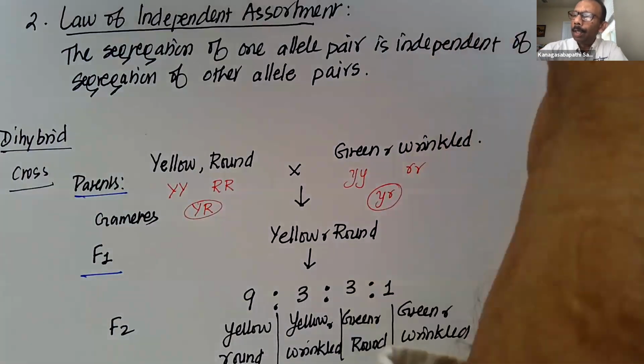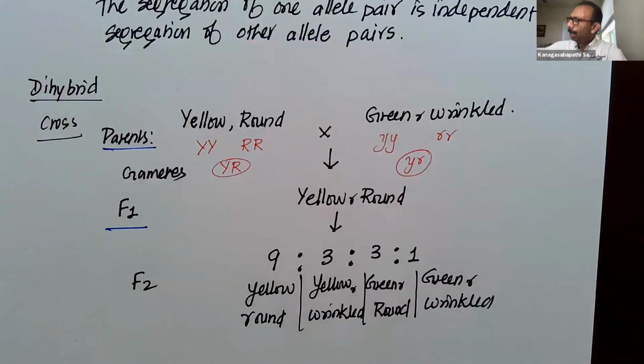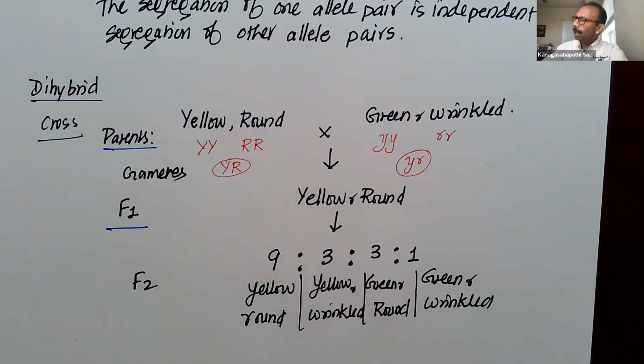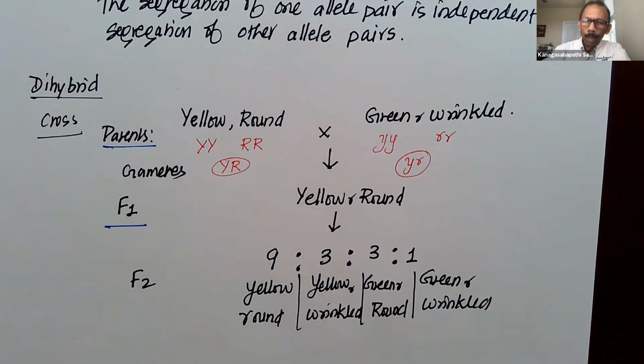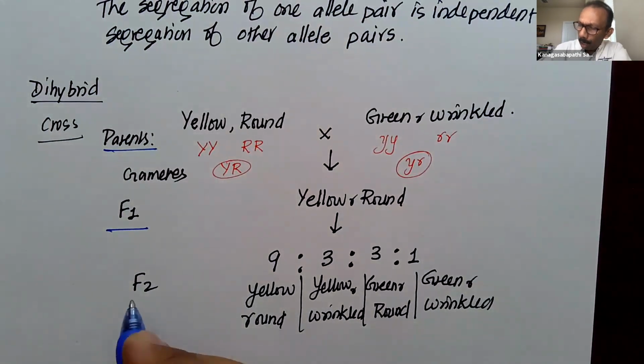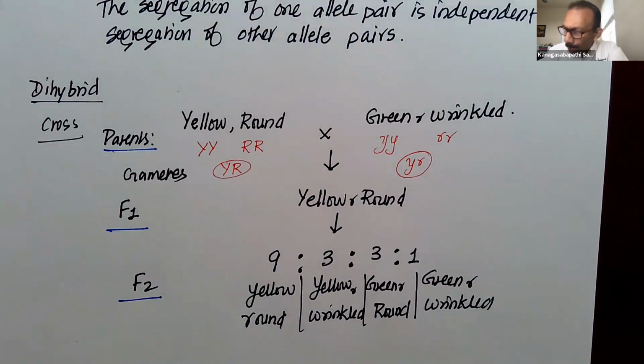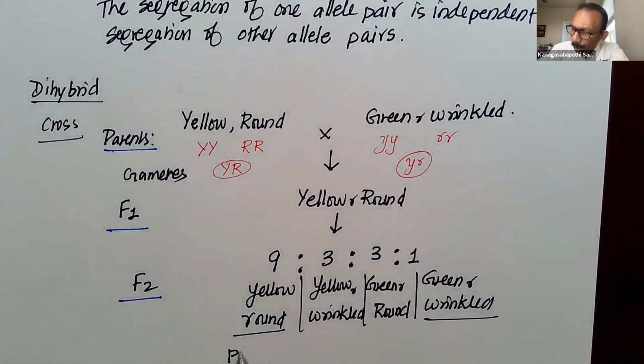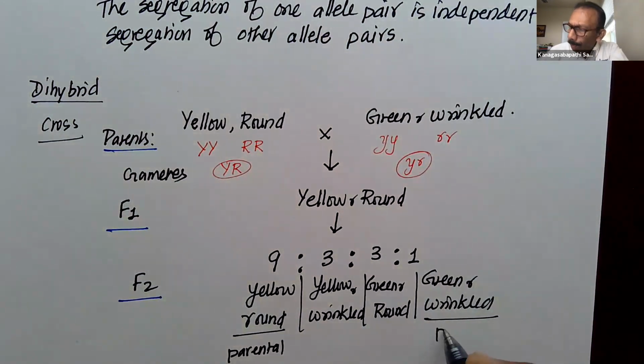And where did these come from? You need to understand two things. One, the seed color, yellow or green, did not always go with the seed shape, round or wrinkled. So these two are parental.